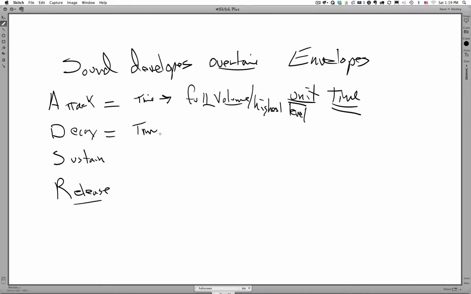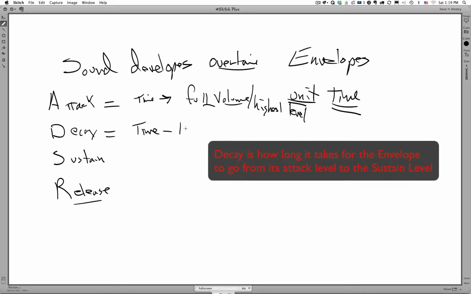Decay is how much time it takes to go from the fullest, highest, or loudest part of the sound to the sustain level.